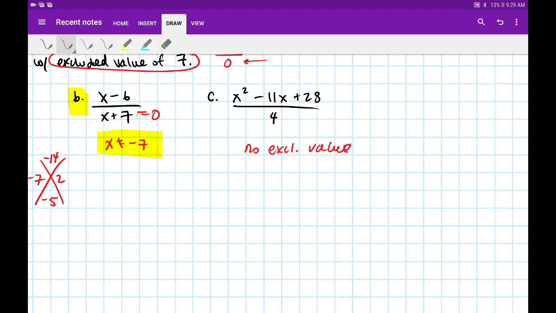Our domain is all real numbers, because we can plug in anything for x, because it'll only go into the numerator, and I can have anything I would like in the numerator. Nothing's going to make my denominator equal to 0.